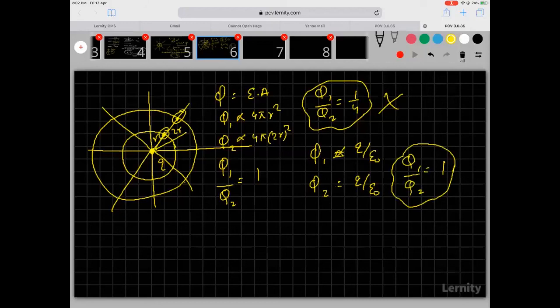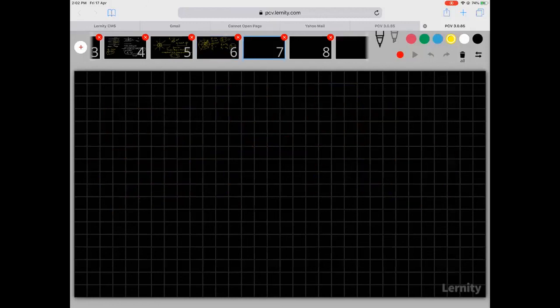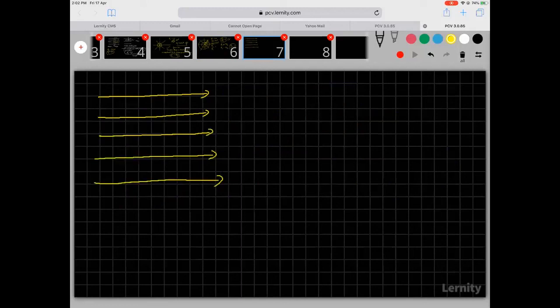Okay, so this is how you go ahead. Now, if you are understanding this concept, let's look at some more applications. Now here I have an electric field. In this electric field, I have kept a cube.